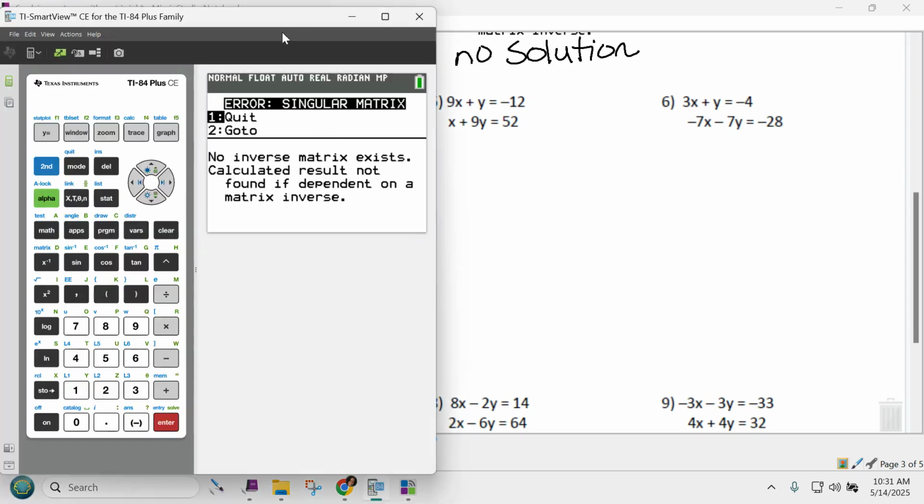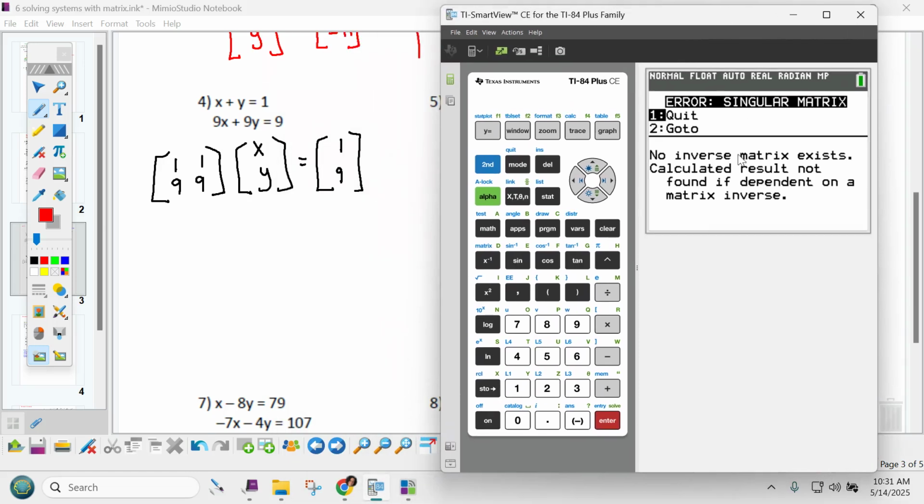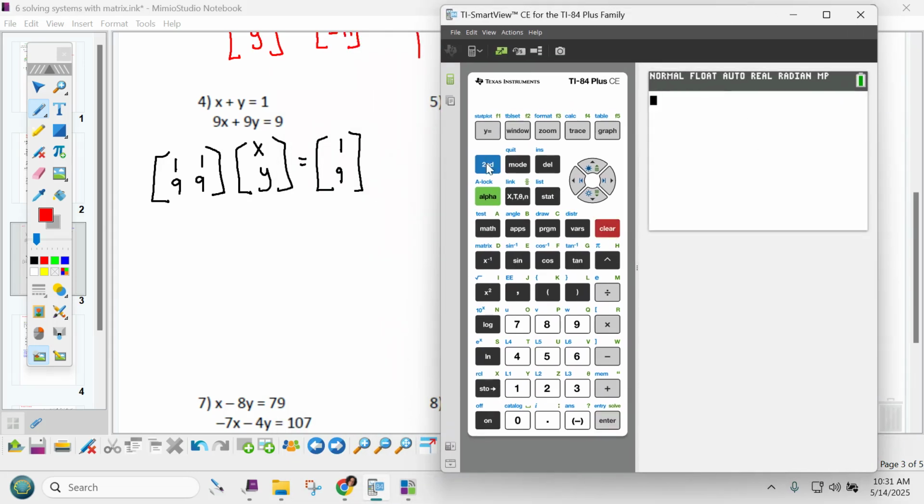Okay. Now we start fresh, clear. Second matrix. Oh, wrong button. Second matrix. Edit. 2x2. One. Second matrix. Edit. B.